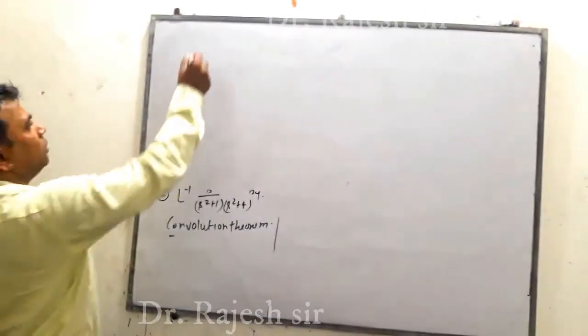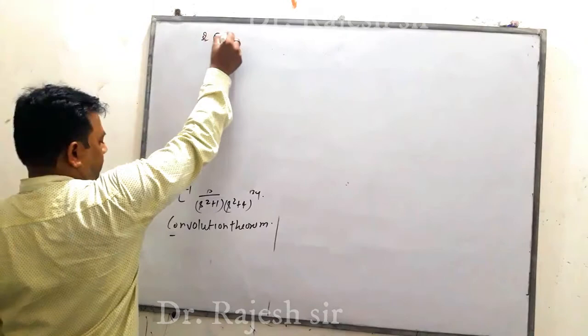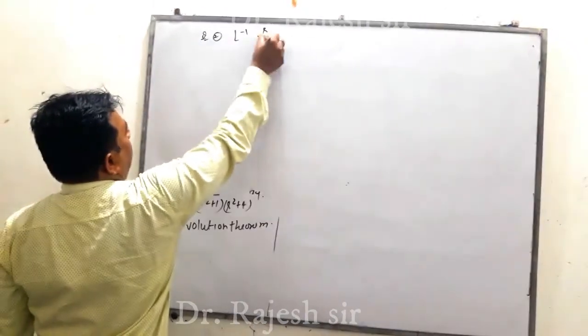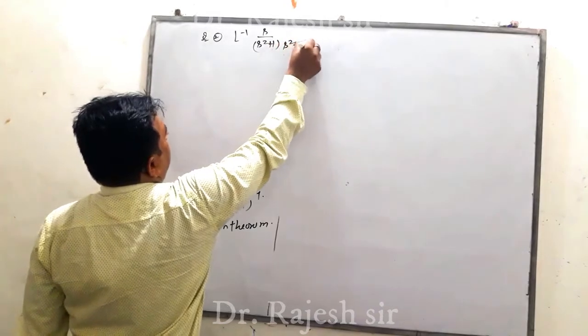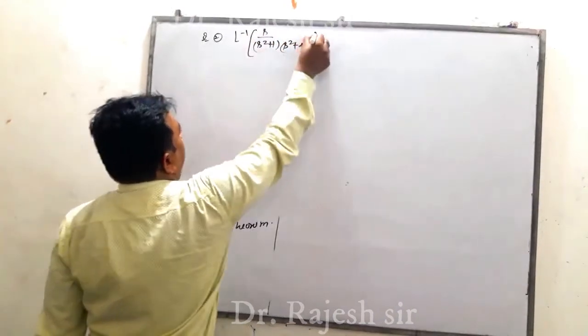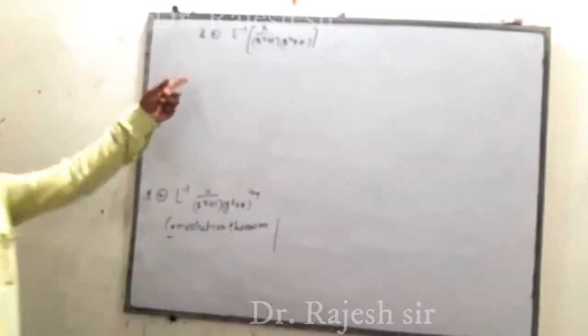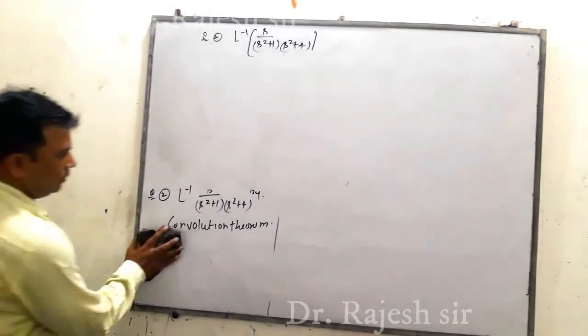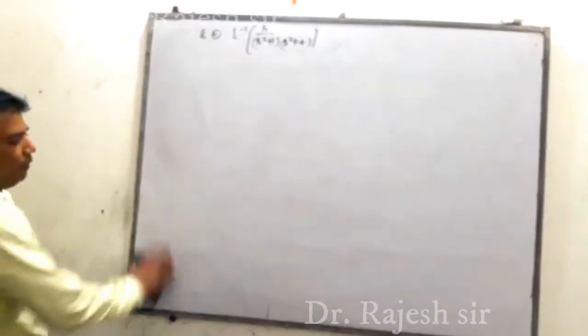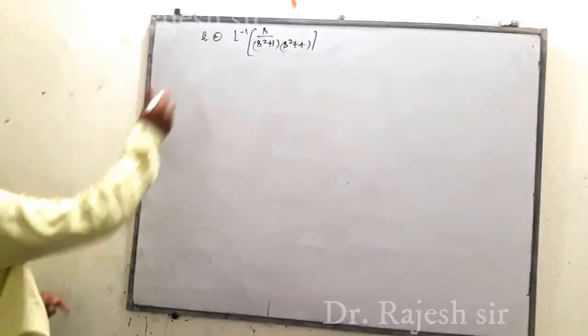And next question, question number second. Find inverse of s upon s square plus 1 and s square plus 4 by the convolution theorem. This question we solve by the convolution theorem. Break this question into functions.